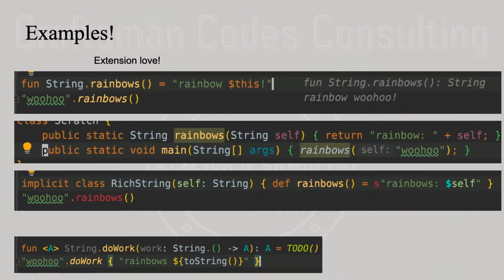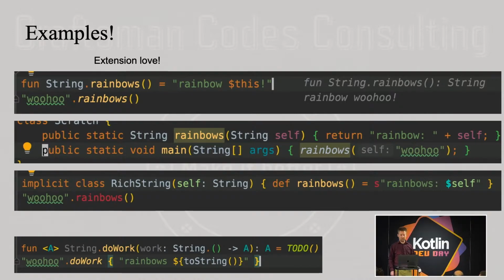My biggest love of Kotlin is the extension functions. I have tried sort of extension functions in different languages. The top one is Kotlin. The middle one is how you would do it in Java, where it is not really possible, so you get static functions everywhere. And the bottom one is the one in Scala, and actually the one in Kotlin is the least friction.